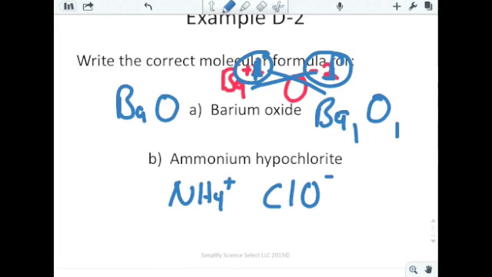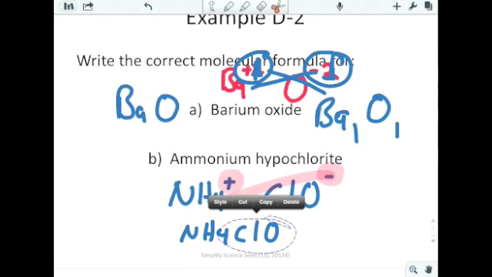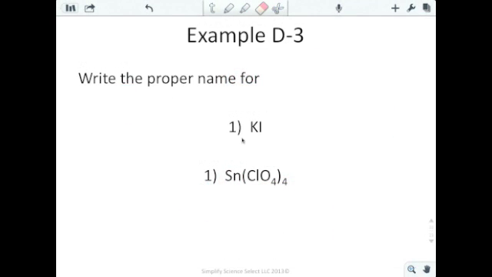So all we have to do is crisscross these guys, bring the ones down, and we get NH4 1 ClO 1, and we get ammonium hypochlorite. Now, since they're just ones, we don't need to write them. We can just take this away and just leave our formula as NH4ClO.